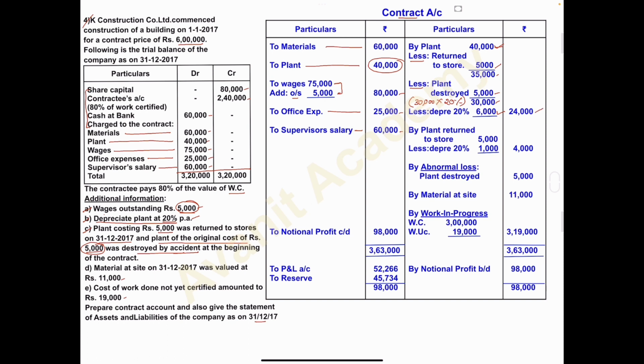Write in outer column 24,000. Got this adjustment? First, we have to take the original value of plant, from that minus plant returned to store, less plant destroyed, and whatever the final amount you will get, on that calculate depreciation at 20%, and you will get the final amount, that is 24,000. Clear this one?